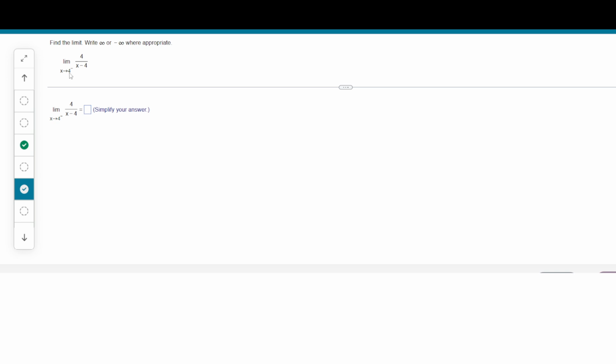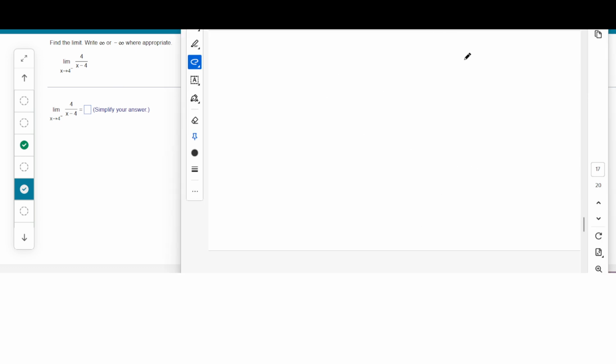Okay, this is one-sided. When x approaches 4 from the right side, this is what the graph of the function looks like. x equal to 4 is here, and anything greater than 4 would be like this. And x equal to 0 would be like this. So this is the graph of this function.